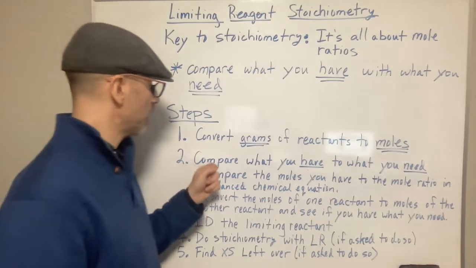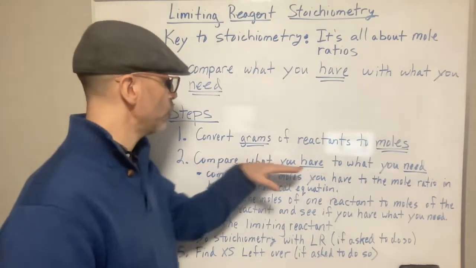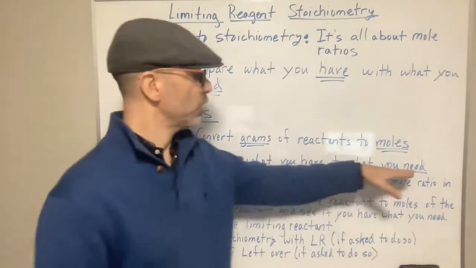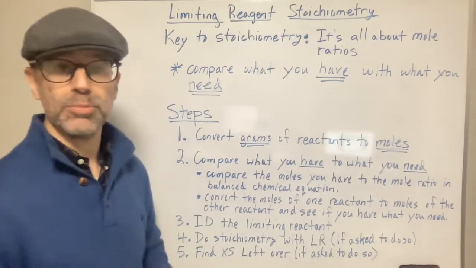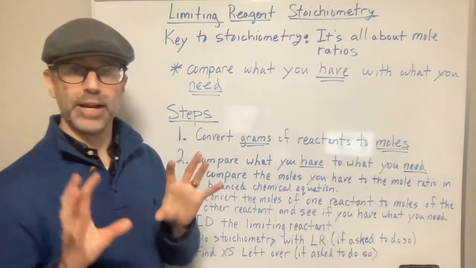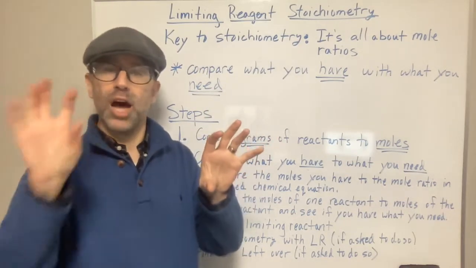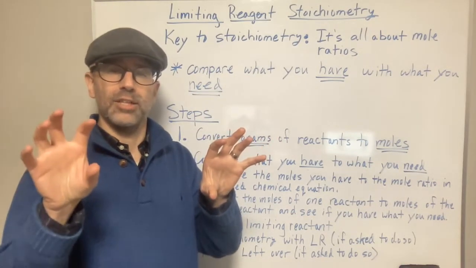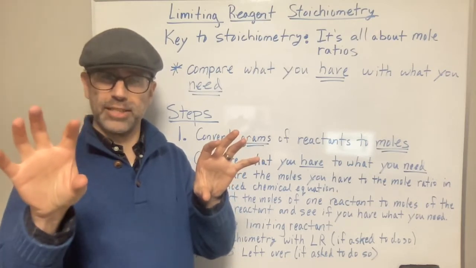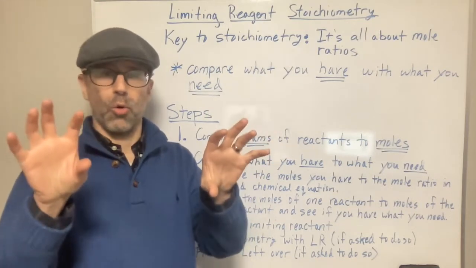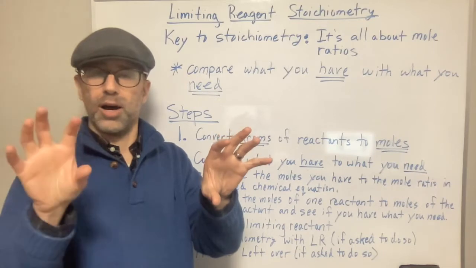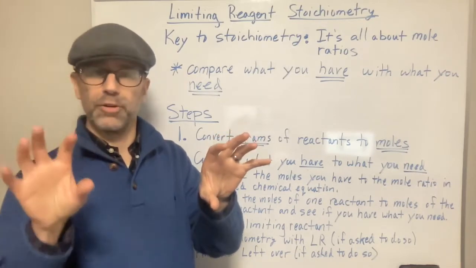Next step is you want to compare what you have to what you need in the problem. So once you've got the moles of your reactants, you need to say, okay, do I have enough of one reactant to react with the other one, or is it different than what I need?